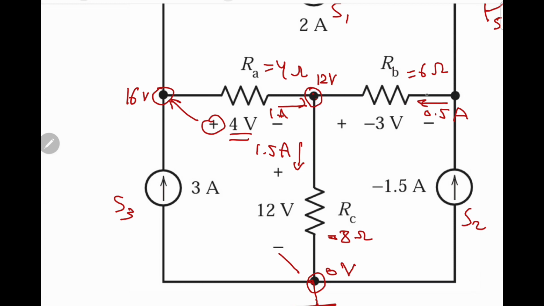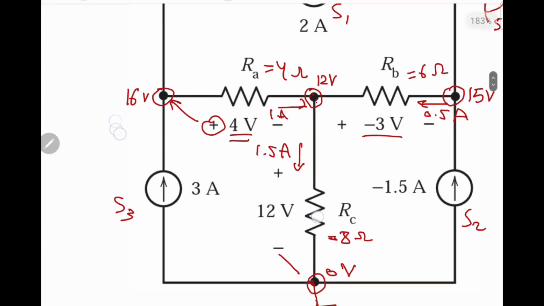Similarly, the voltage difference between these two nodes is minus 3 volt. So if this is 12 volt, because the difference between these two voltages is negative, this node must have a higher voltage than the 12 volts, by 3, which is just equal to 15 volt. So remember, now if you take 12 minus 15, that is minus 3 volt.